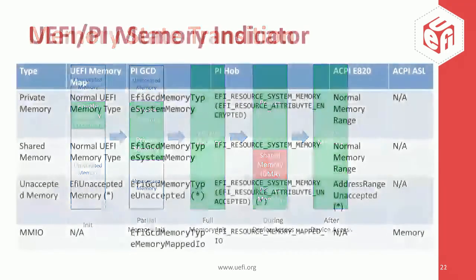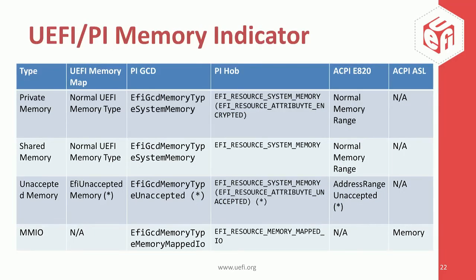All those four memory types exist in different phases. The private memory is the default one. There's no need to indicate that in the UEFI memory map or PI GCD entry. The shared memory is the same as the default private memory. There's no special indicator other than the page table shared bit.